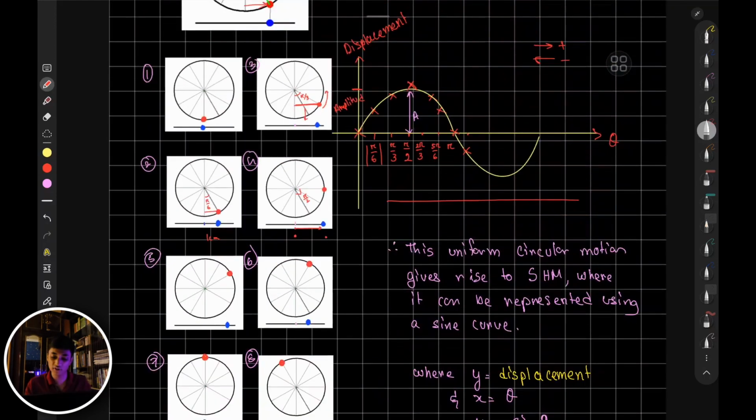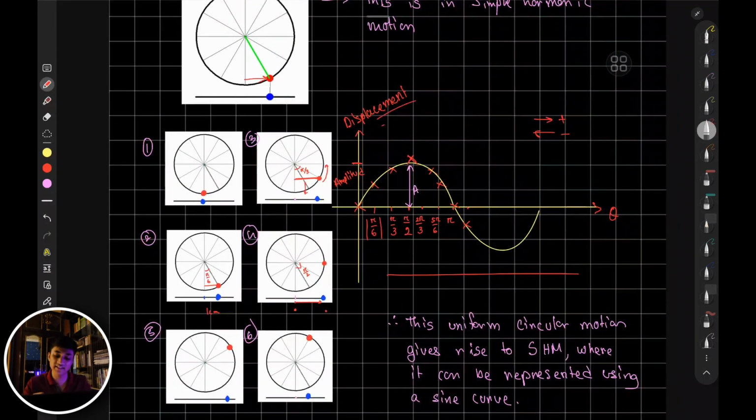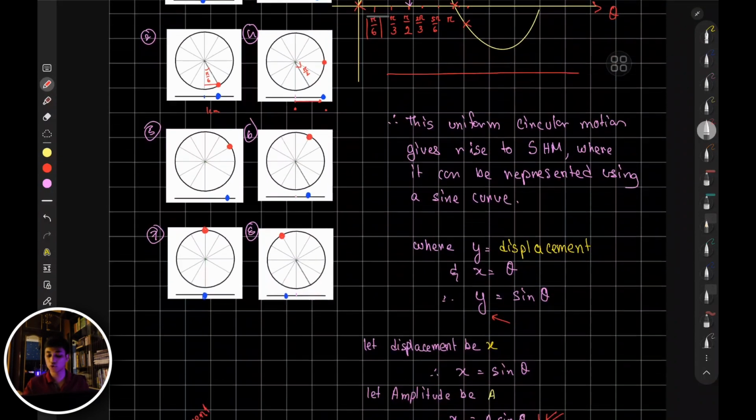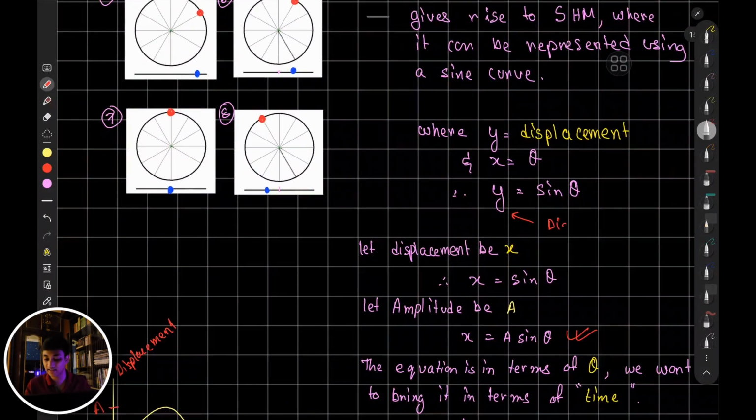Y, as I've already mentioned, is basically the displacement. So don't get confused. It is the displacement, and right now we want to denote displacement as x. Why? Because the books have written it in terms of x. In other books I've seen it is written in terms of y, which would be easier to understand.